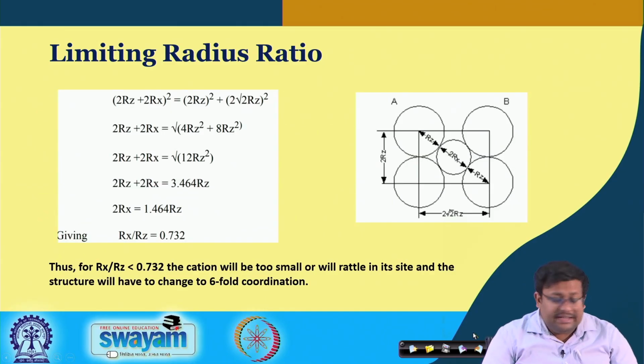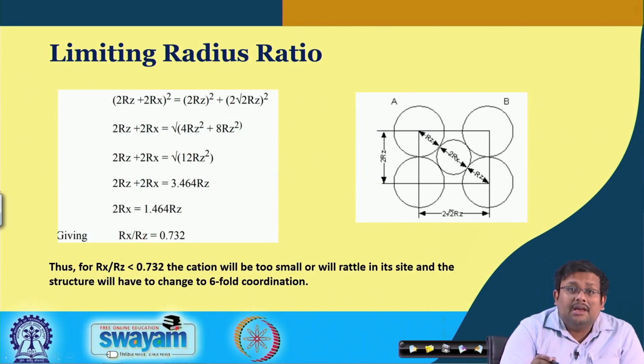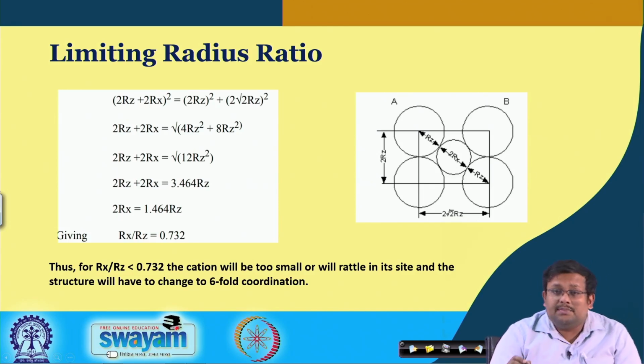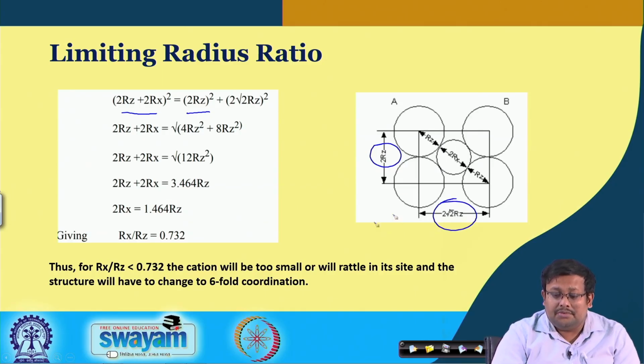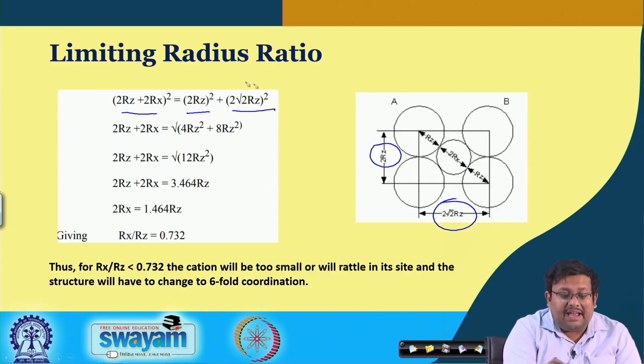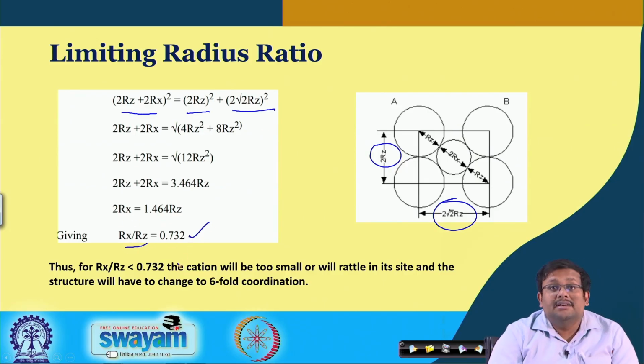Here 2Rx plus 2Rz is the total distance, and it is a combination of the squared terms of 2Rz and the distance 2 root 2 Rz, and from there we get an Rx by Rz value of 0.732.